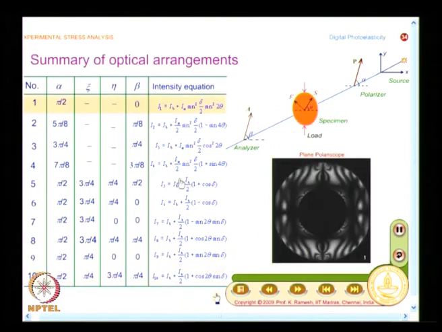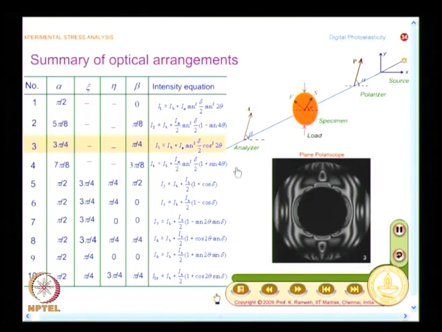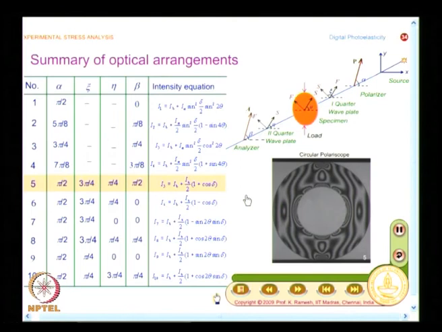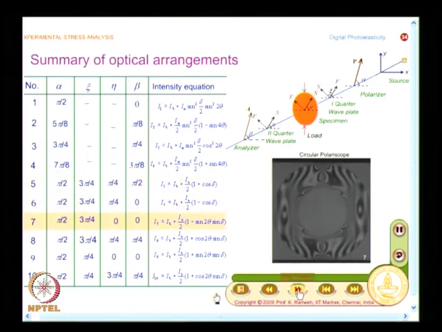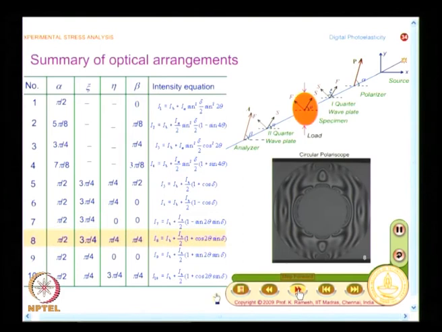So, what is important here is I record 4 images in a plane polariscope, I record 6 images in a circular polariscope, and I essentially record 10 images, and I get the intensity data which I intelligently process to get the isochromatic and isoclinic.